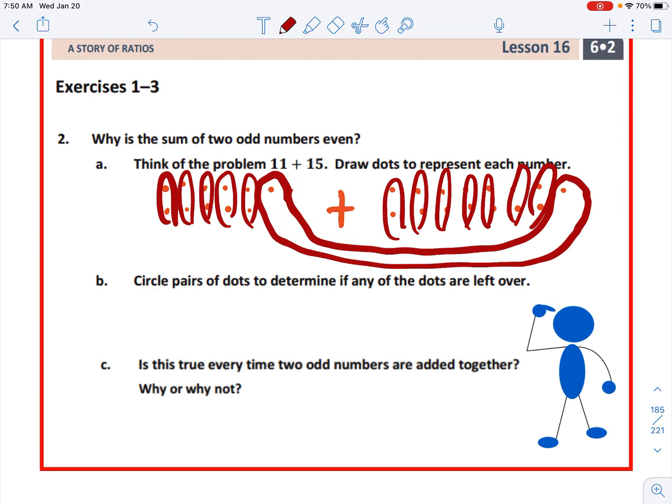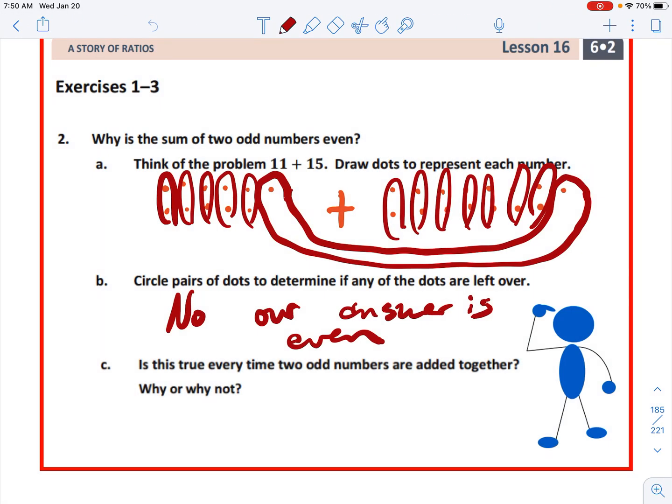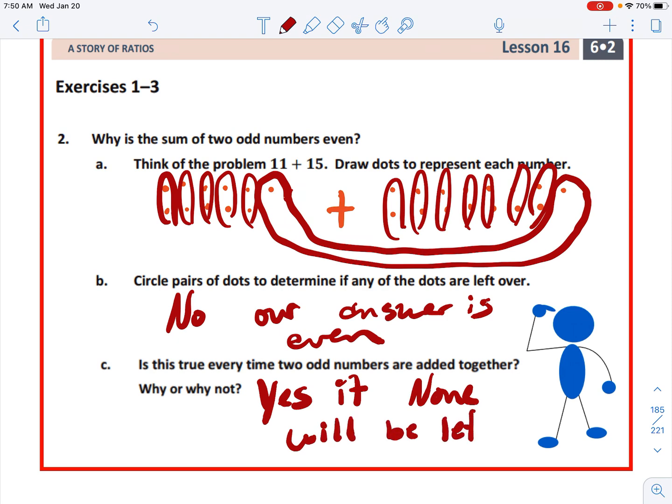So, are there any left over? No, our answer is even. Okay, is this true every time two odd numbers are added together? Yes, it is. None will be left over. Okay, good. Let's move on.